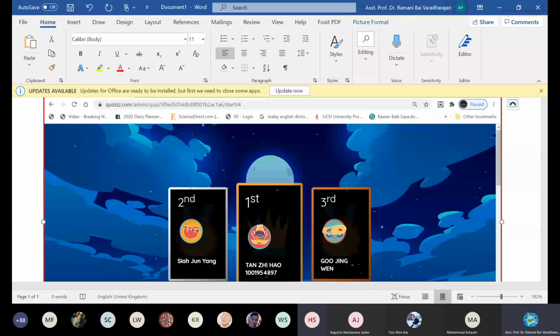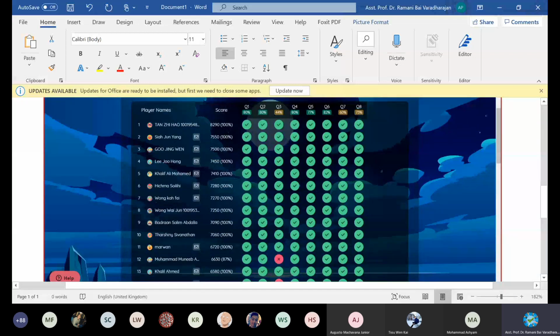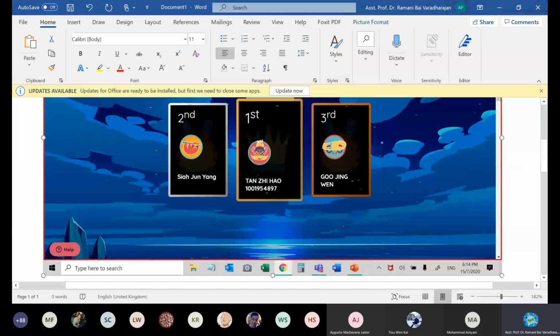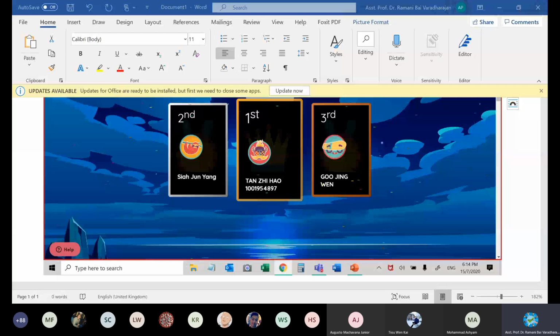And other champions, there are some more. 10 champions: Tanzi Hao, Xiao Jun, Ku Jing, Li Ju, Khalif Ali. Wow, he's here. Good. Khalif Ali, Muhammad, congrats. Hishma Solihi, Wang Ka Fei, Wang Wai Zun, Bandran, Tarshini, Marwan, Gozan. Very good attempt. Special congrats to Tanzi Hao, I quite often see this name. Good, keep it up. All of you should get all answers correct, because it's just immediately after your class.